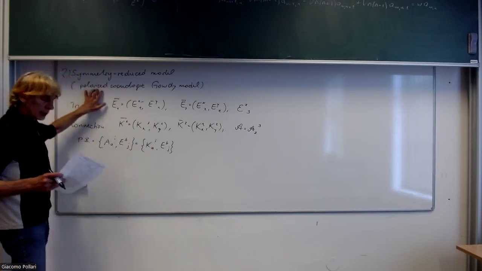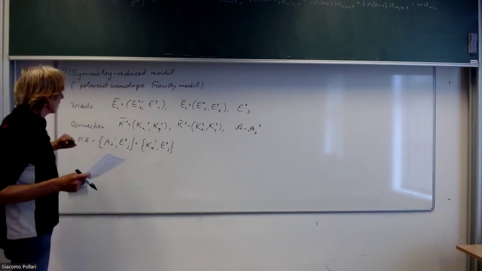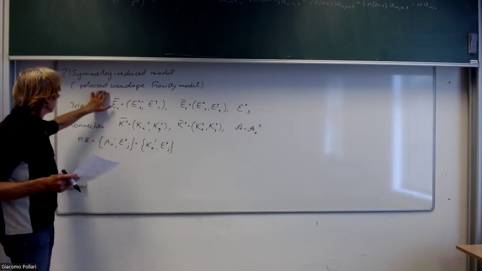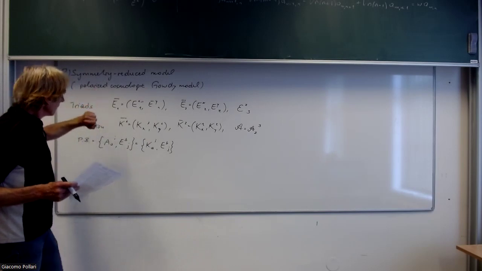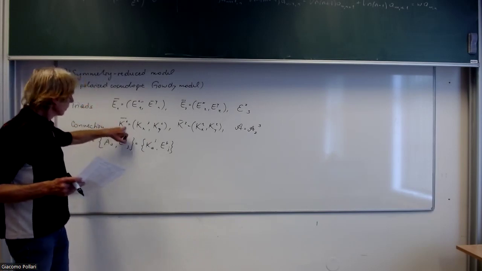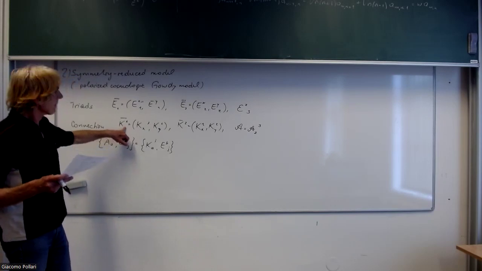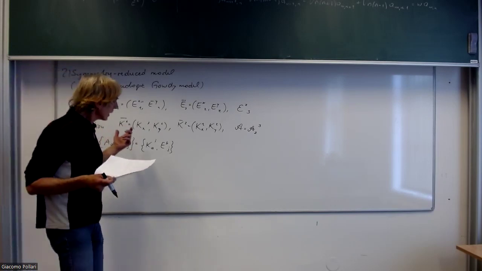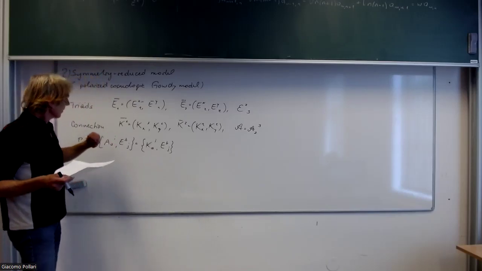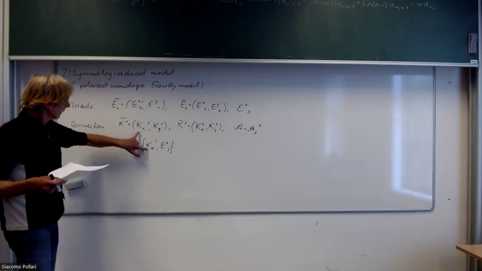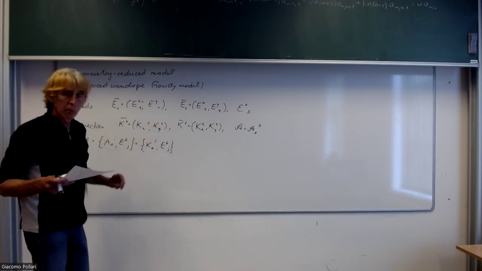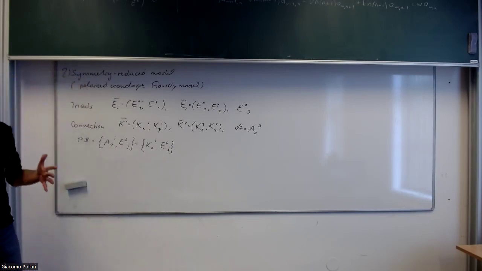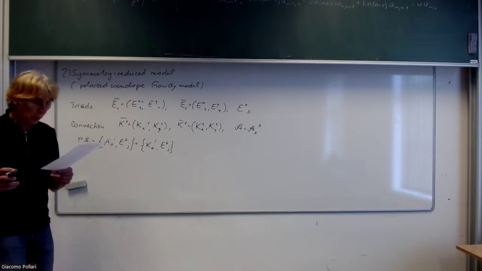It's just more convenient to take this part, the extrinsic curvature part of the connection, because thanks to the polarization condition, which makes the extrinsic curvature diagonal, the spin connections in x and y do not appear in the theory, in the formalism, neither in the diffeomorphism nor in the Hamiltonian constraint.